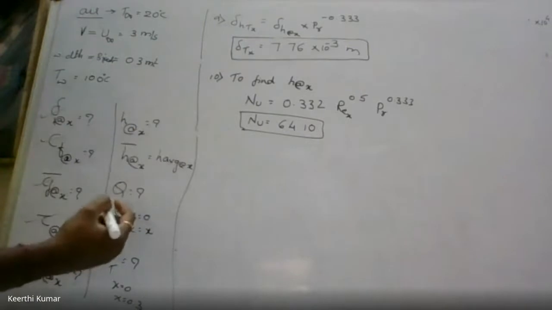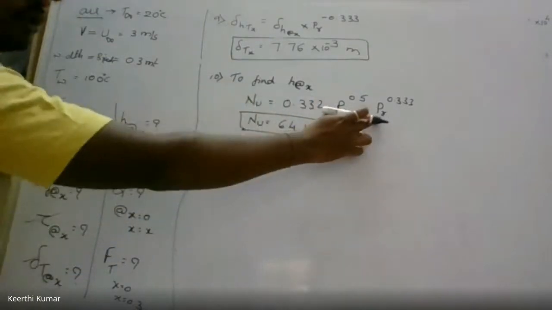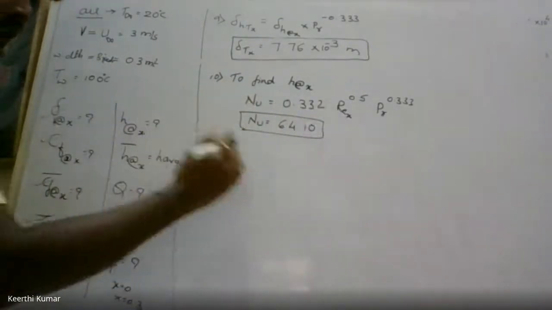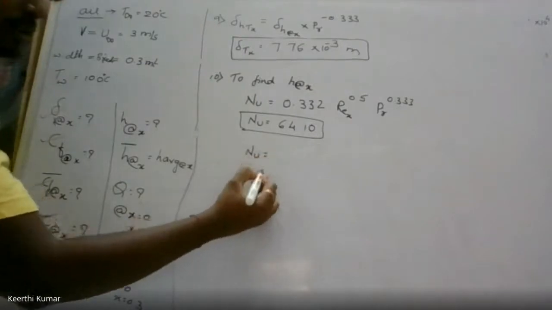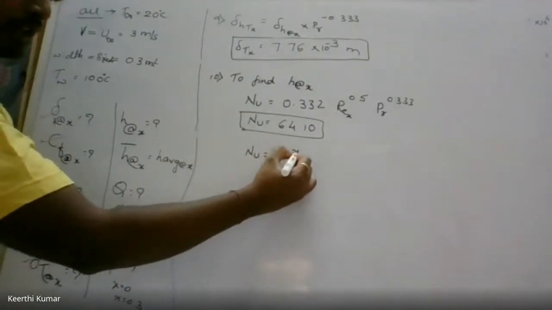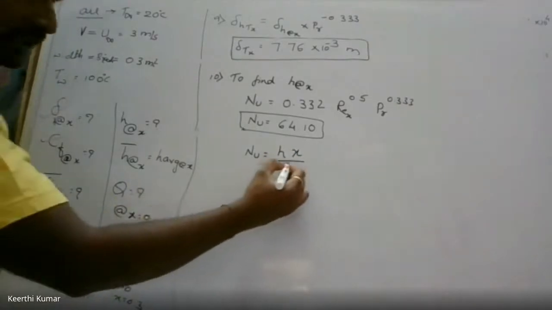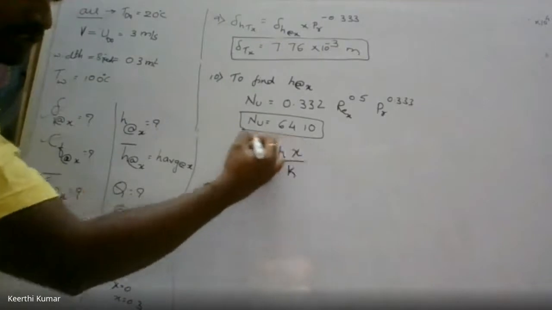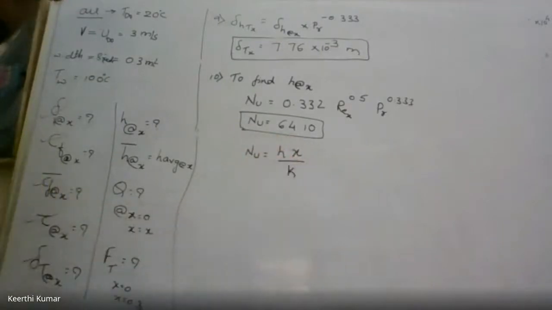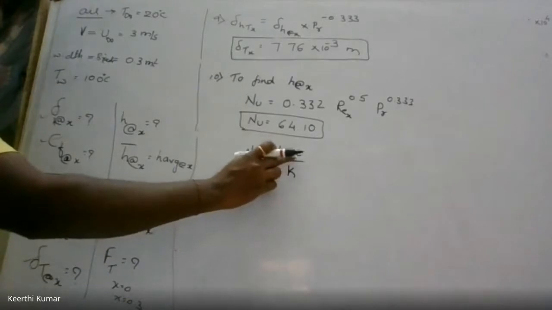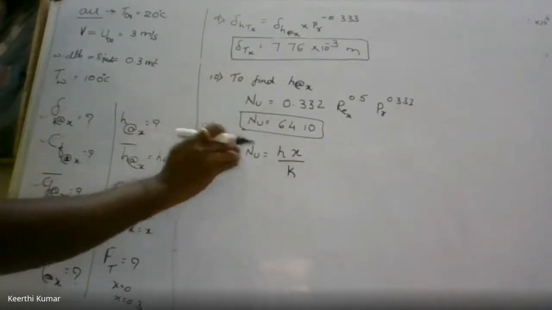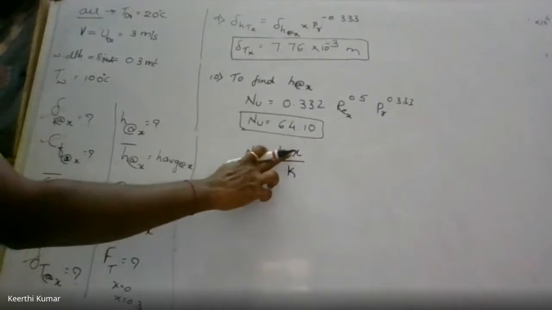This is the equation based on Prandtl number. Again, we know the standard Nusselt number equation, that is h into x by k. This equation is just previous to this page, page number 111. There it is hl by k. Instead of l, I am substituting x because he is asking everything at a distance of x, not at l. So hx by k.